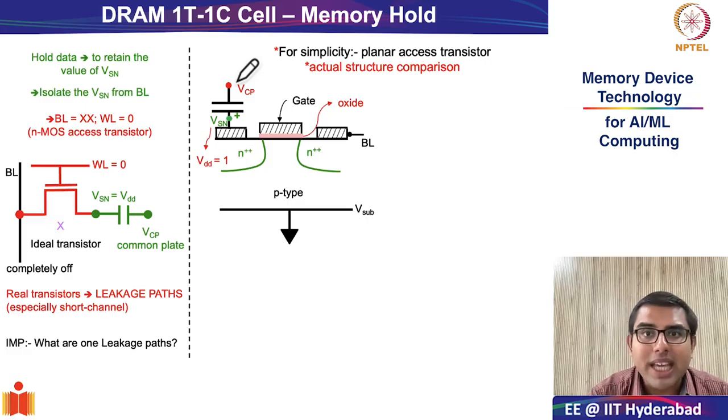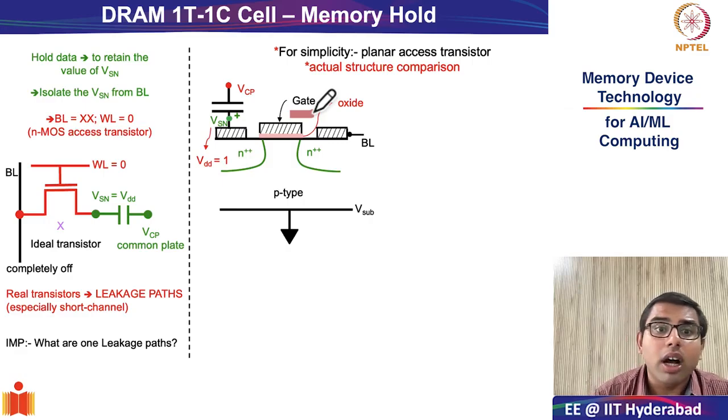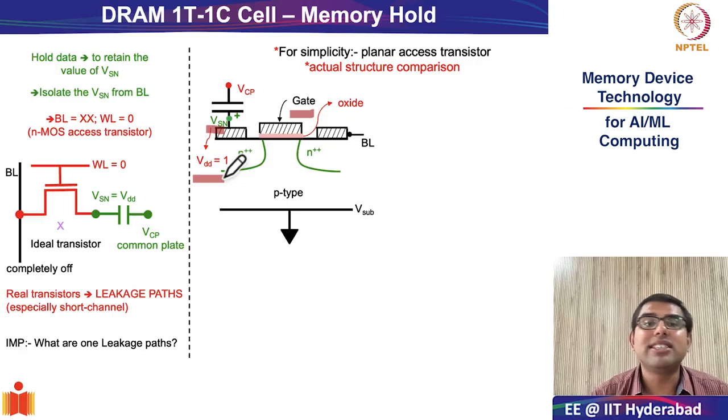guessing what would be the leakage paths when the transistor or the device is in off condition? When it is in off condition, because this is an NMOS, the gate bias or VG will be equal to 0. Whereas the drain bias, we are trying to see the case where leakage will be worse off. So we are considering that the storage node or the drain terminal in this case happens to be VDD equal to 1.